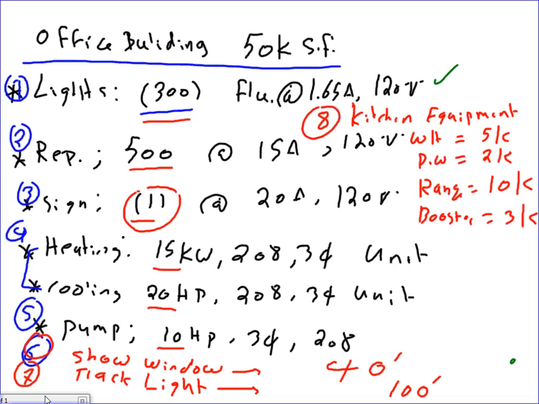Okay, so all these things are given, given, given, given, and given, plus all this stuff. Anybody can guess? What is that? That's 8 plus 8. 8 is kitchen equipment: water heater 5, dishwasher 2, range 10, booster 3.